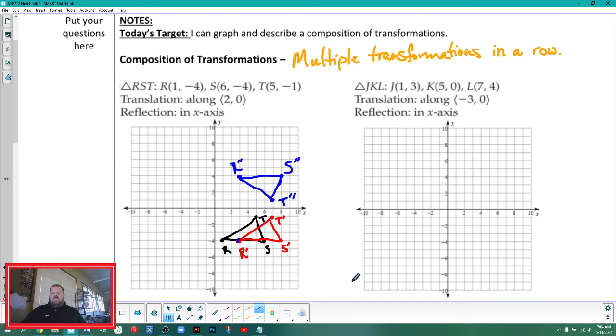In the next one, I have the triangle at 1, 3, 7, 0, 5, 0, and 7, 4.